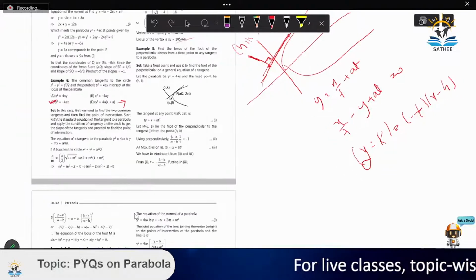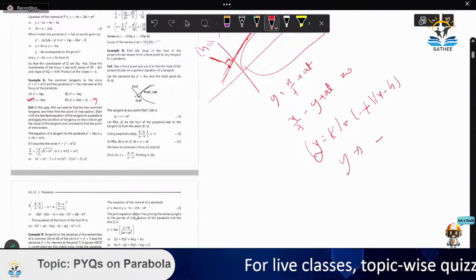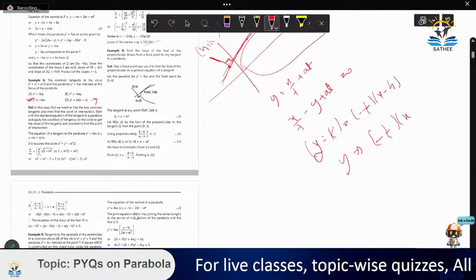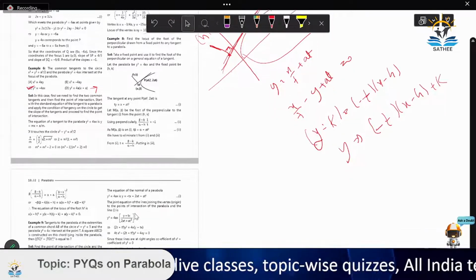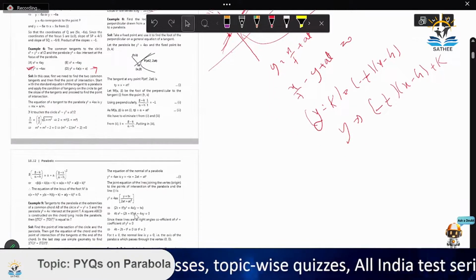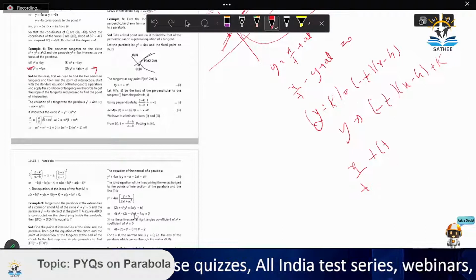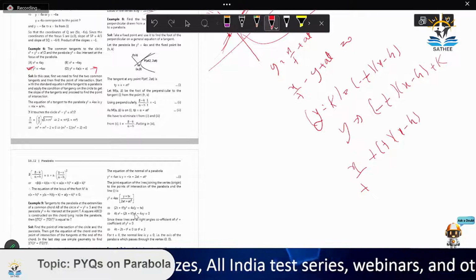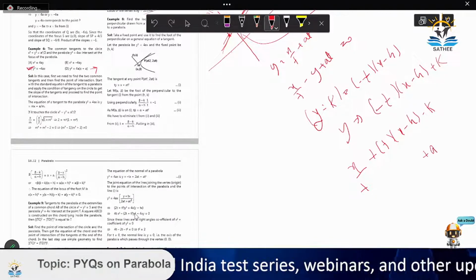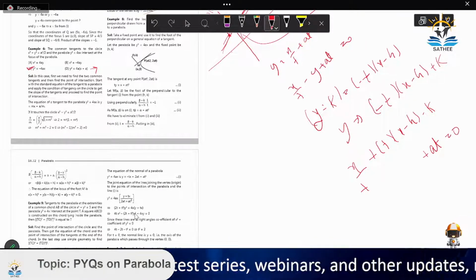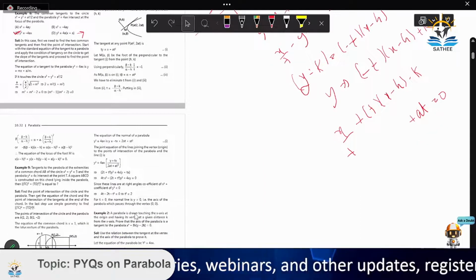This is what my equation is. So y is equal to minus t times of x minus h plus k. And let's put it in the above equation. So what I'm left with, x by t minus, so minus and minus is cancelled. This is what I'm left with.